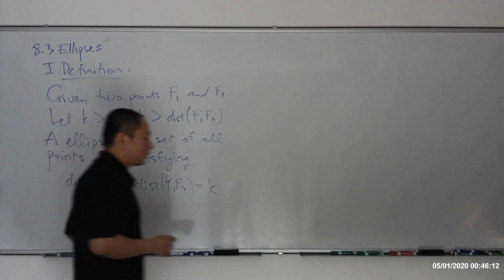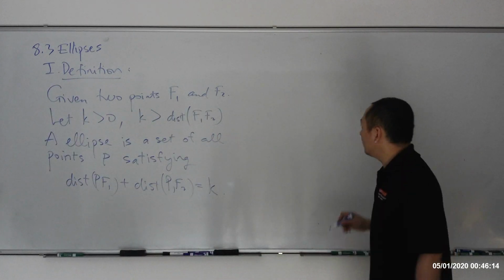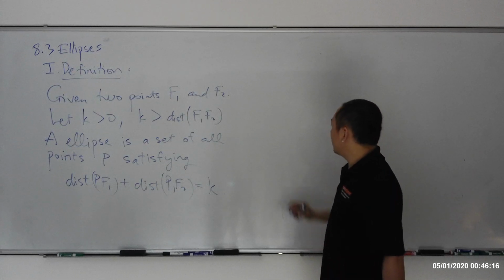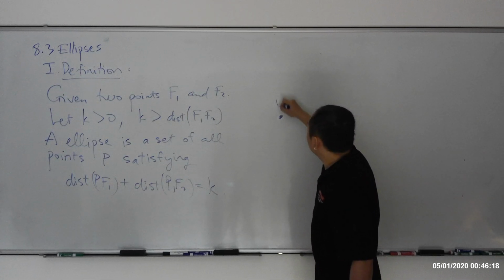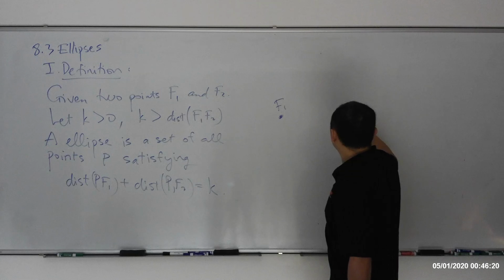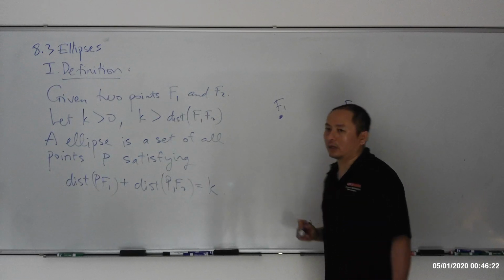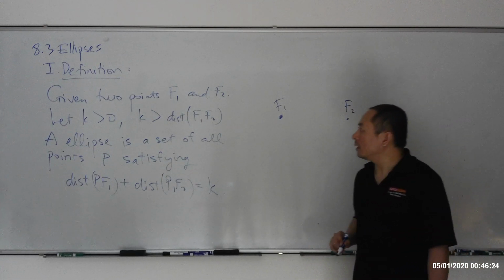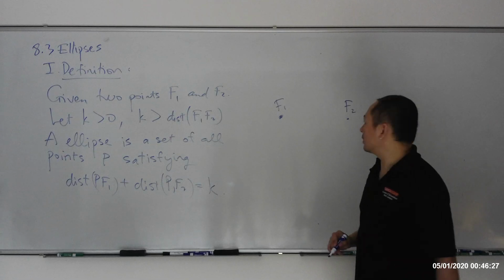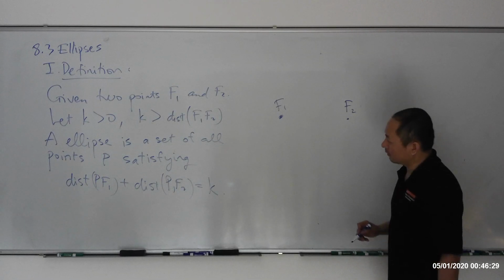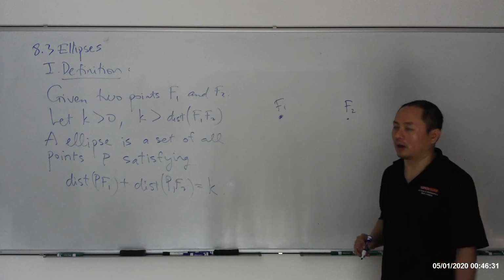Let me try to explain what that definition means. You are given 2 points, F1 and F2, and as we learned in the previous section on parabola, F stands for focus. So in this section, we have 2 foci, F1 and F2.